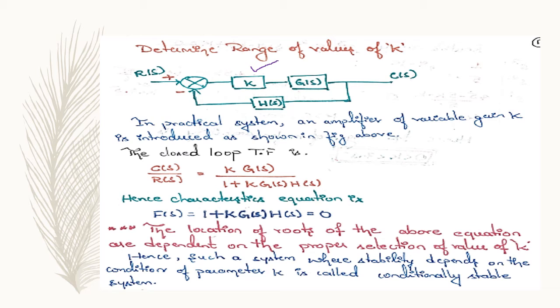Now in this, the characteristic equation is 1 plus k into G of s into H of s equal to 0. The location of the roots of the above equation is dependent on the proper selection of values of k. Hence, such a system where stability depends on the parameter k is called a conditionally stable system.